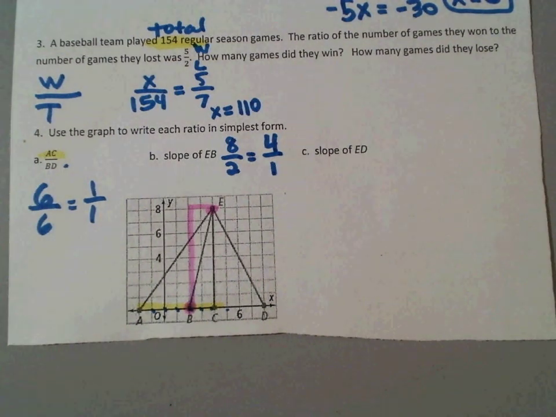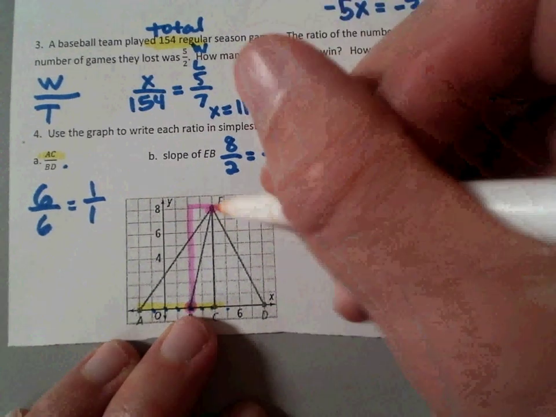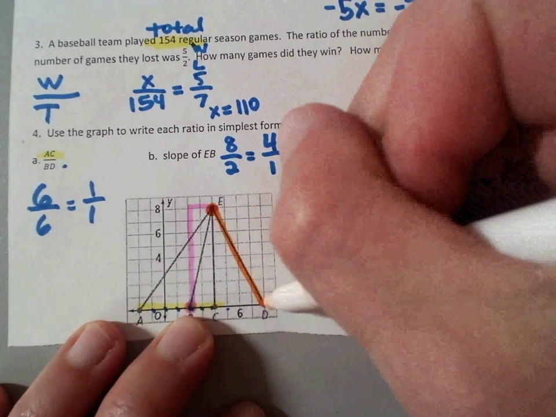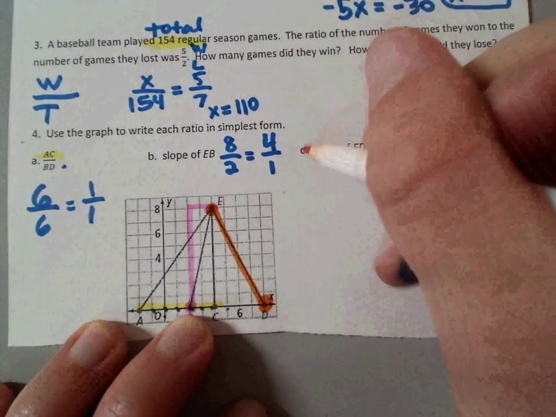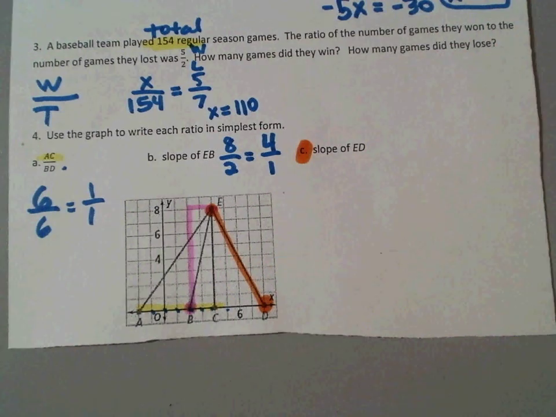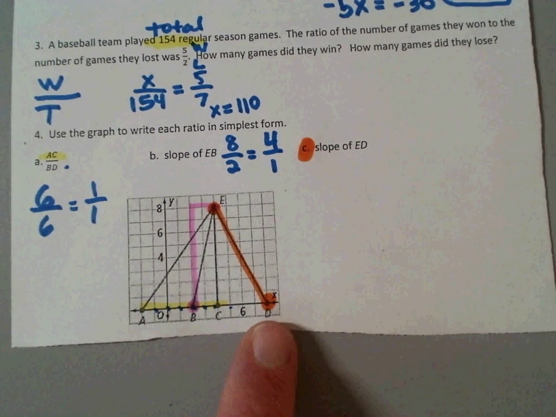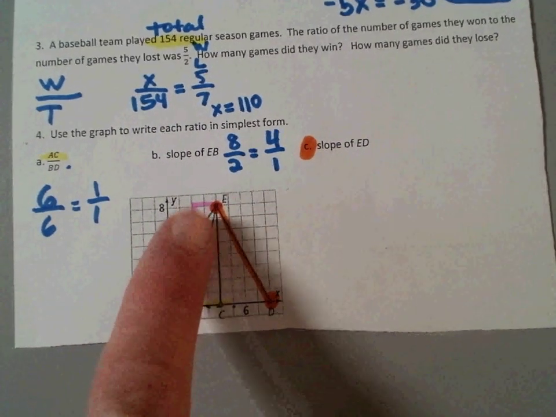All right, last one, the slope of ED. So everybody look for ED. ED is from here to here. Okay, which dot would you start with? Let's let everybody catch up. Y'all with me? Okay, ED. Would you start with E or start with D?